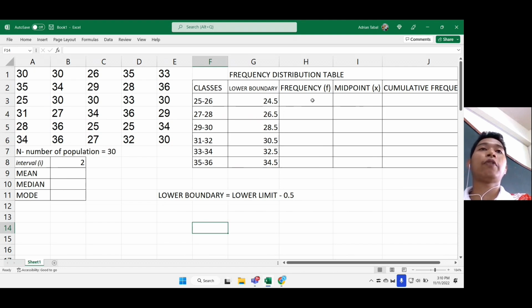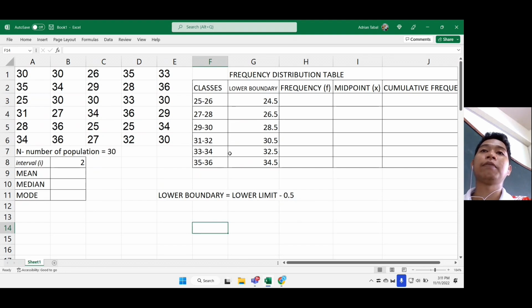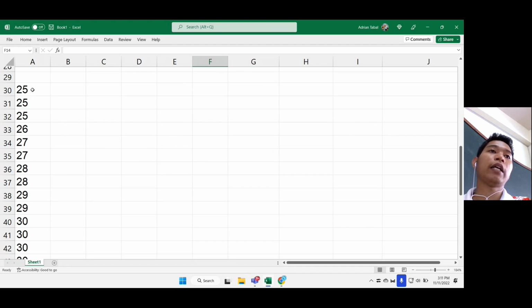Next, we have the frequency. For the frequency, we will just count how many numbers fall within 25 to 26. What I did is I arranged this in ascending order so it is easier to see. So from 25 to 26, we have 1, 2, 3, 4.